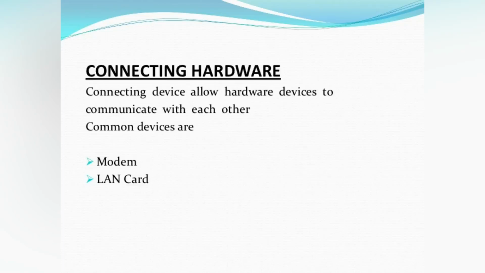A communication hardware, or connecting hardware device, is any type of hardware capable of transmitting data, instructions and information between a sending device and a receiving device. One type of communication device that connects a communication channel to a sending or receiving device such as a computer is a modem.